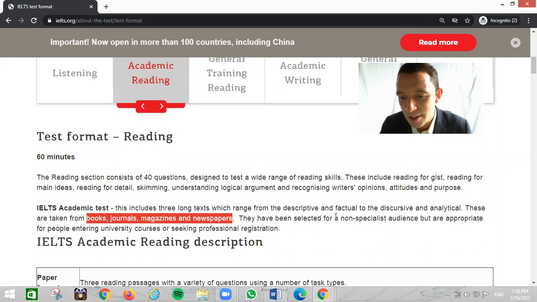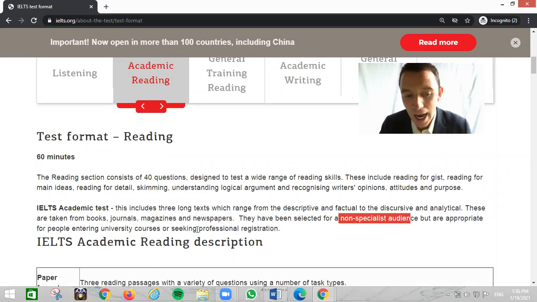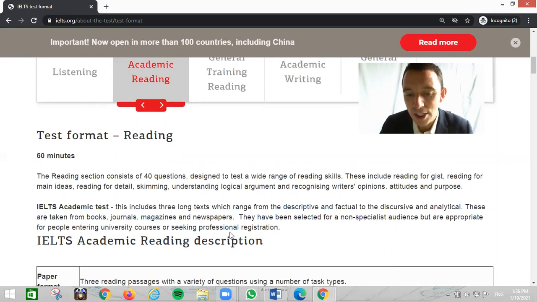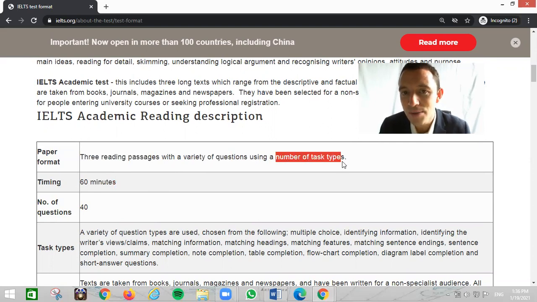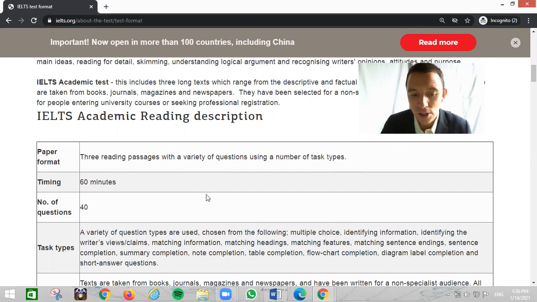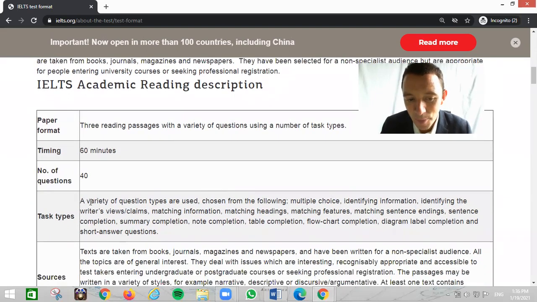And they've been selected for a non-specialist audience and are appropriate for people entering university courses or seeking professional registration. So it's 60 minutes, and there are 3 parts, with a variety of questions and a number of task types. Okay, so the task types that are possible here are used from the following list.